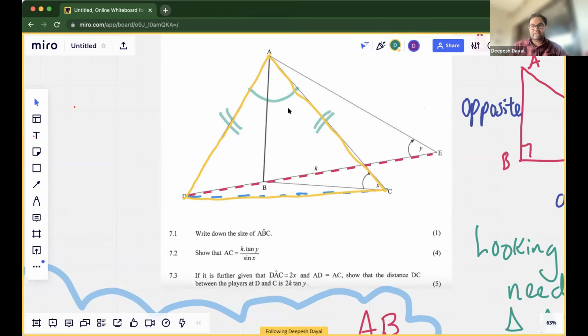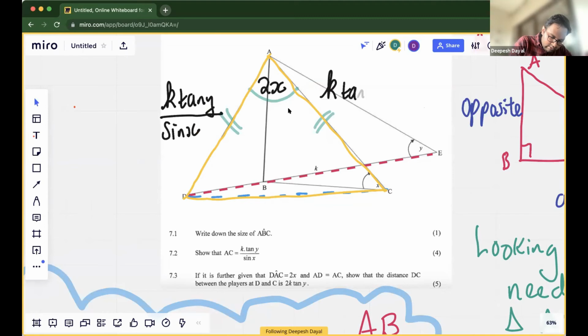So you have to think now three-dimensionally, right? That angle will be at DAC, and that is equal to 2x, as they say. And we've got these two, AC and AD, equal to each other. So AC and AD will both be K tan Y over sine X.